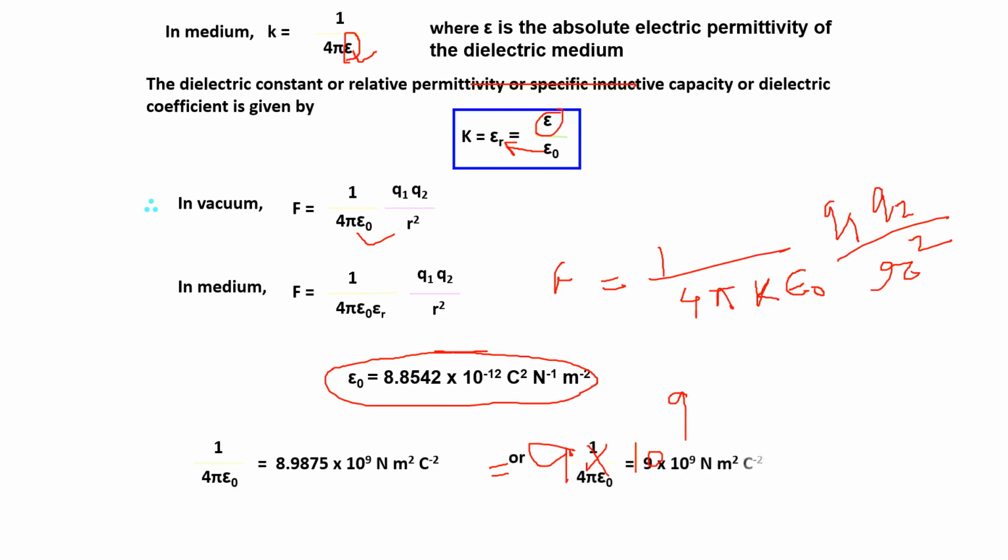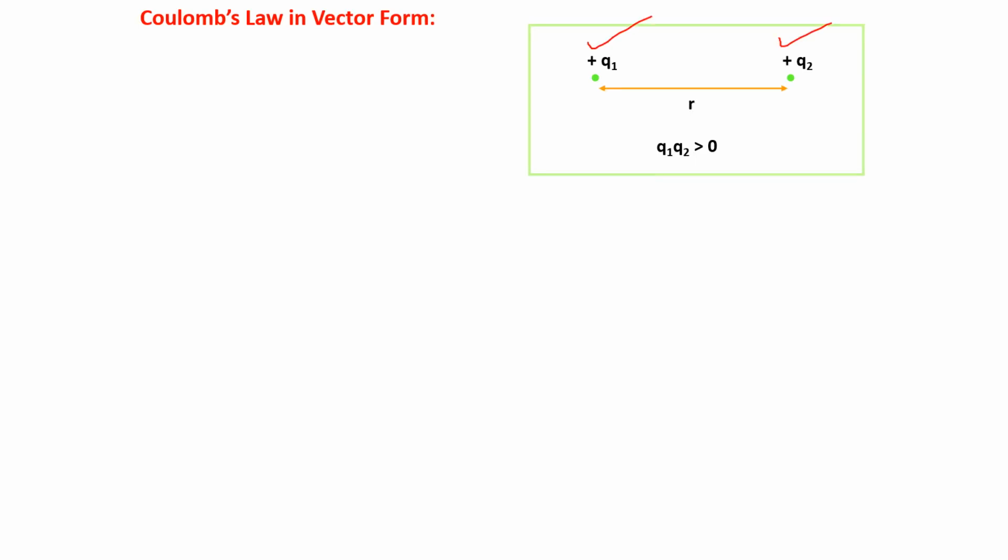Now Coulomb's law in vector form. Suppose that we have two charges Q1 and Q2, both positive, so their product is always greater than 0. The product will be greater than 0 when either both the charges are positive or both are negative. Let them be separated by a distance r, and r12 cap is the unit vector from q1 to q2.